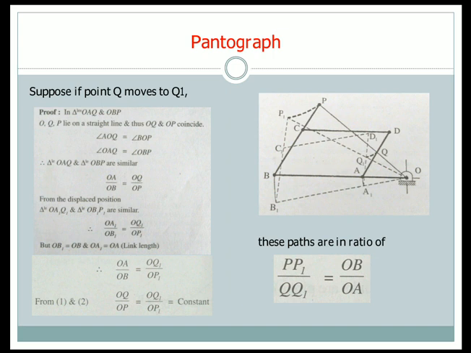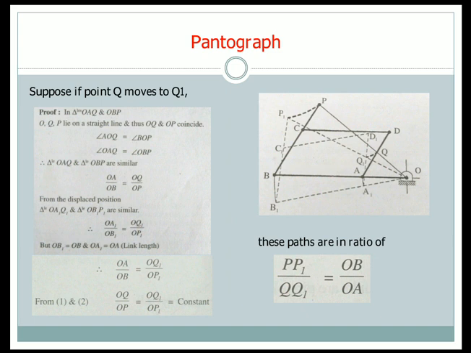So from equation 1 and 2, or from the figure, we can easily conclude that the length OB1 is equal to OB, and the length OA1 is equal to OA, because these are the same link. Wherever the links move, their lengths remain the same.